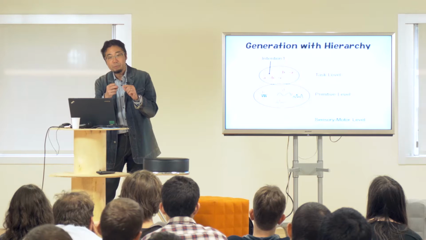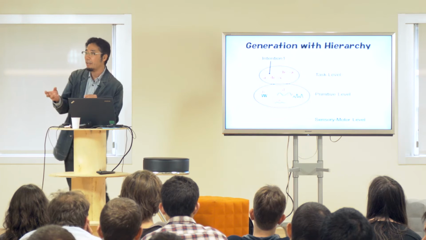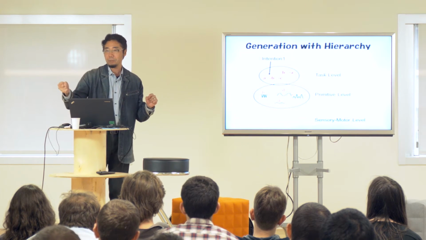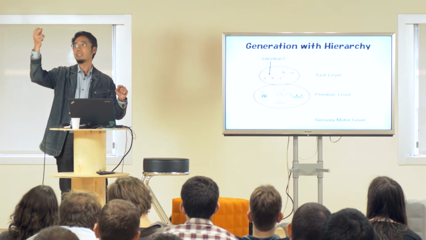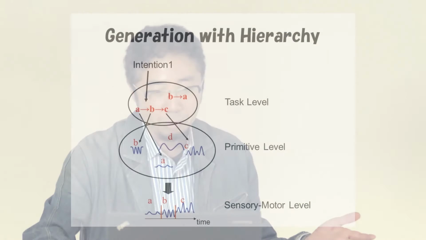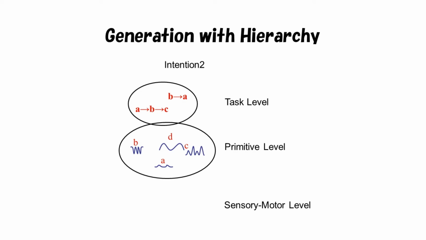Anyway, some intention, intention 1, is given, and it predicts primitive behavior A followed by B and C. Those primitives are things like approaching a hand to something, grasping, and moving up or down. Then those are mapped to actual patterns and concatenated, and the sensory motor sequence can be generated.